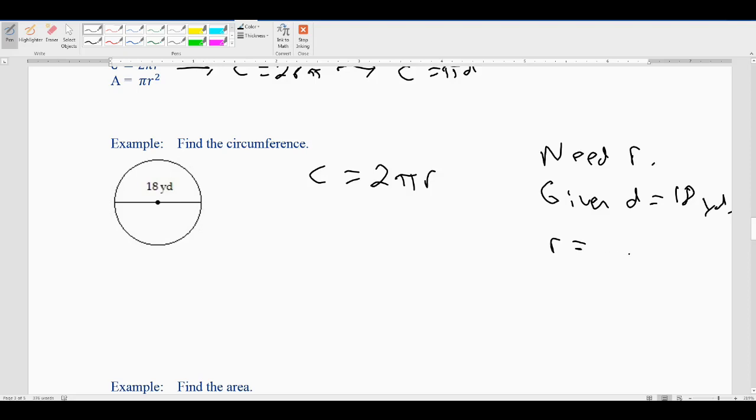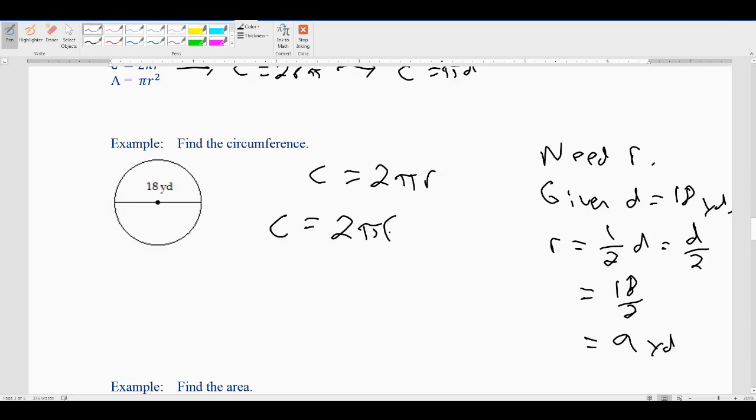So r is half of d, or d over 2, or 18 over 2, or 9 yards. So once we have that, we're going to replace the r with what it is, which is 9 yards.